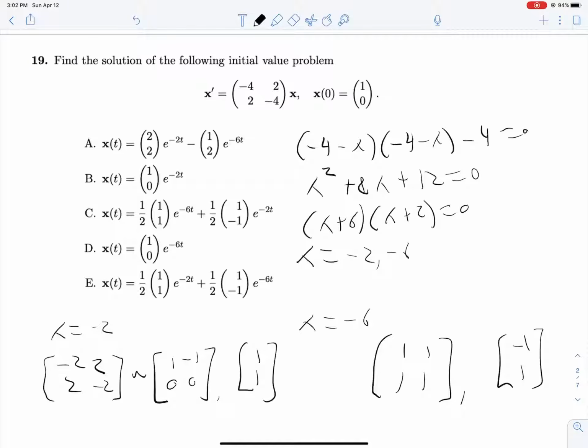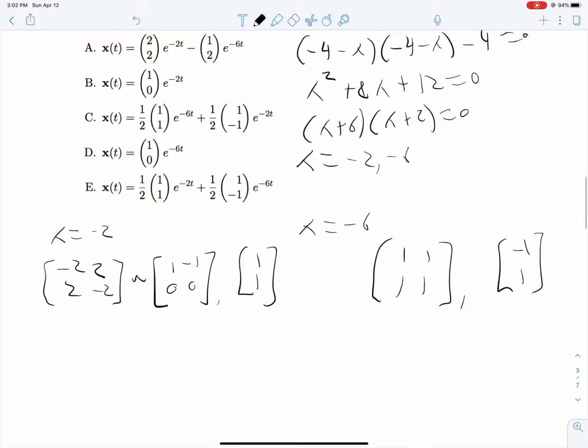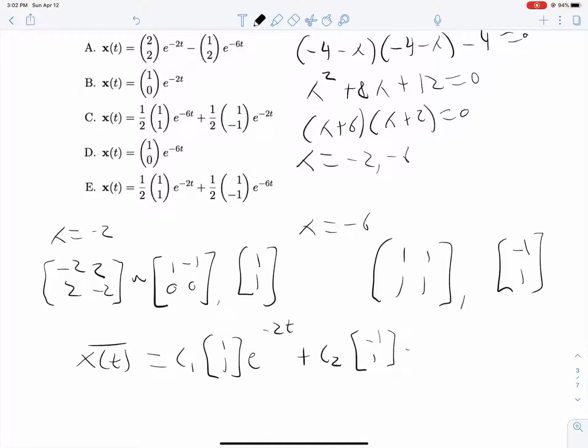We are almost done here because we can say that x of t is equal to c1 v1 e to the negative 2t, that's lambda 1, plus c2 v2 e to the lambda 2 t, which is negative 6t.